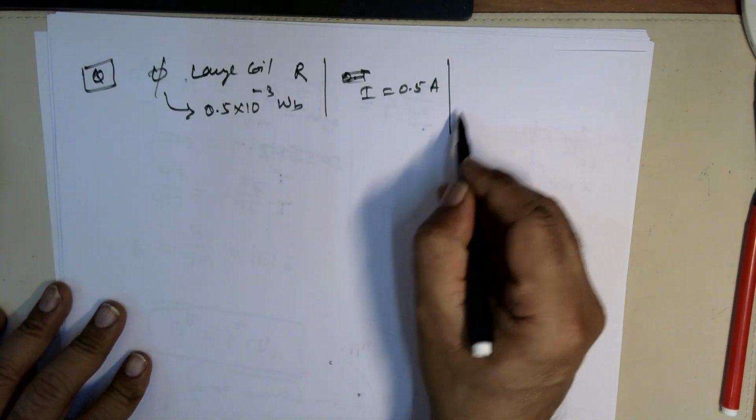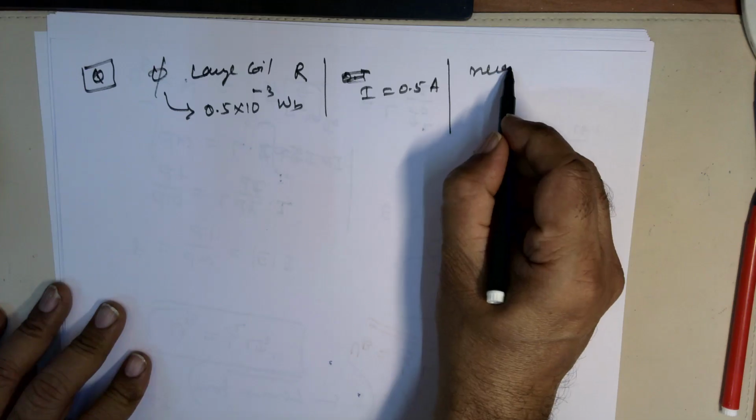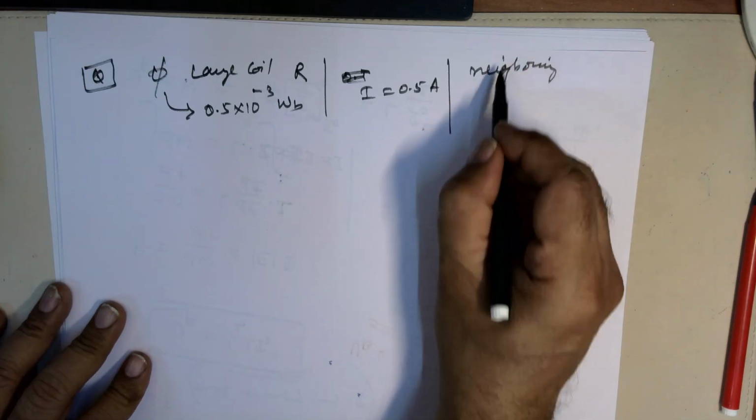So large coil, neighboring coil, neighboring small coil.